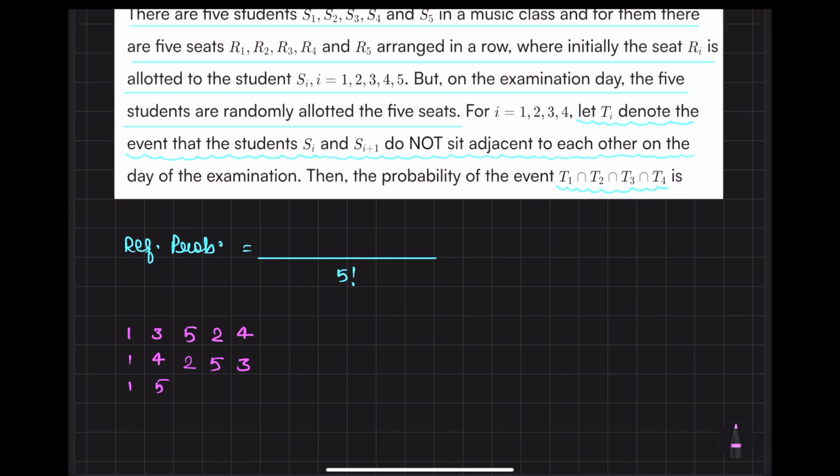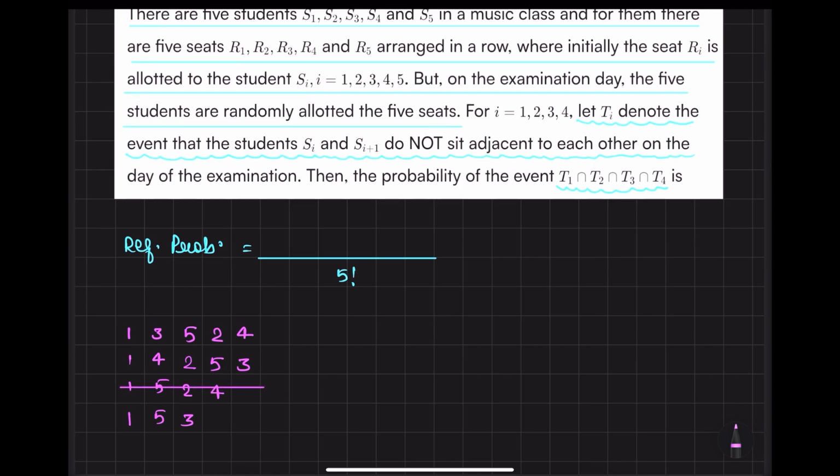Now look at this. With 5 I know that I cannot allow 4 to sit. So if 4 is not allowed, then this means 2 and 3 are allowed. So I will drop down all the cases. Now with 2 you know that 3 cannot sit, so I will allow 4 to sit, but with 4 you have only one person left, that is 3, which is not allowed, so this case will be rejected.